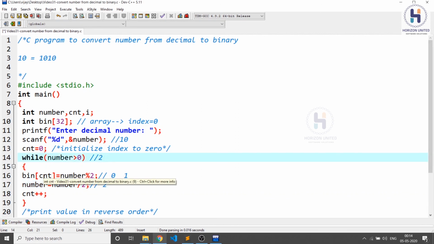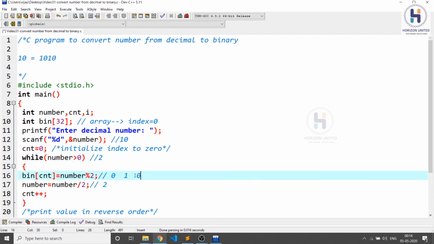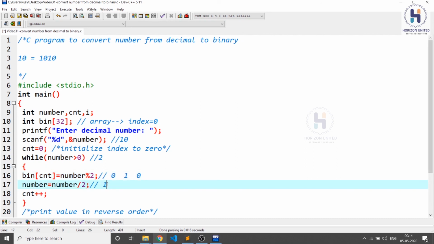Now bin of 2 equals 2 modulus 2, which will be again 0. Now number equals 2 by 2, which will yield 1 as the result. Again I am going to increment the count by 1. Now 1 is greater than 0, again it is going to become true.